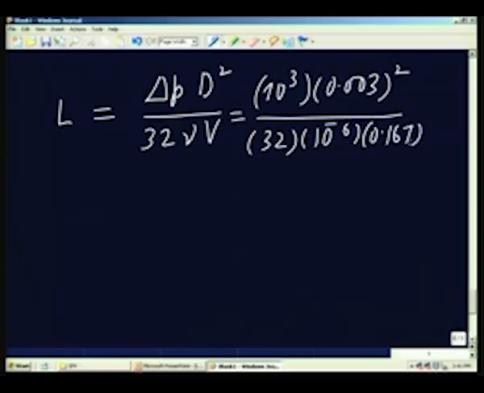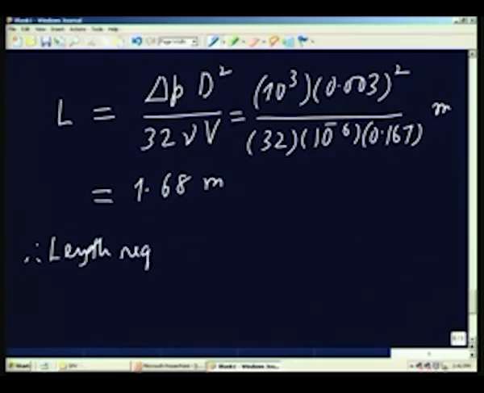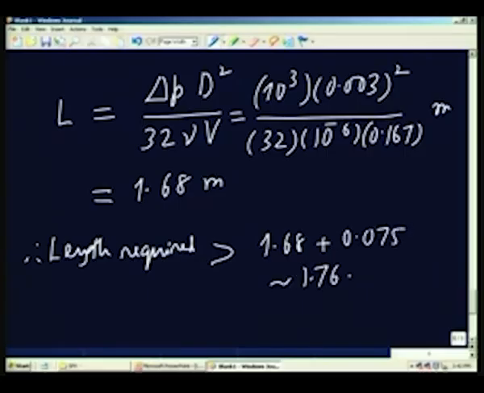These are the values which you already determined. If you work it out, it comes to 1.68 meters. Therefore, the tube length required is greater than 1.68 plus 0.075, something like 1.76 meters.